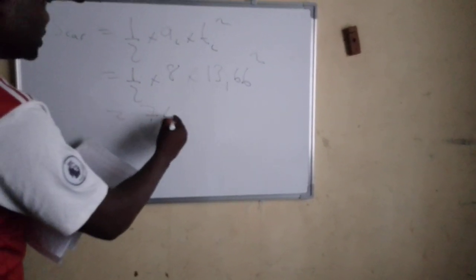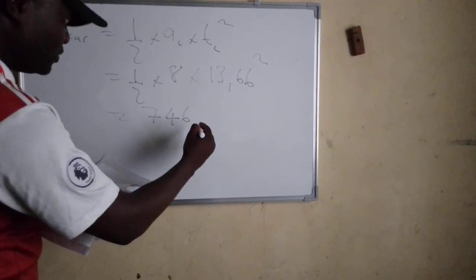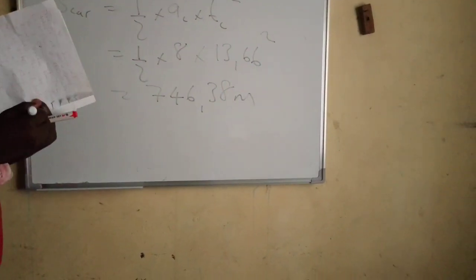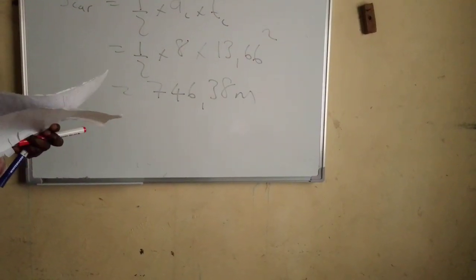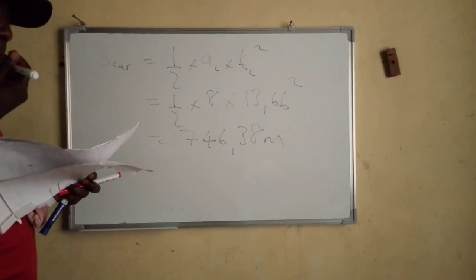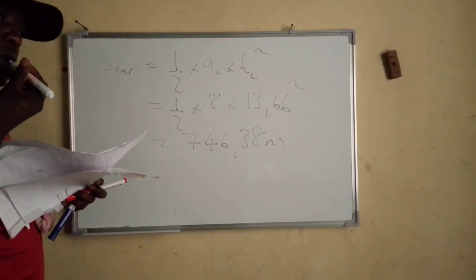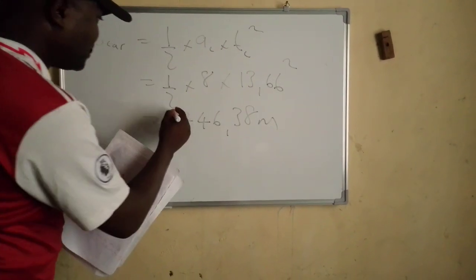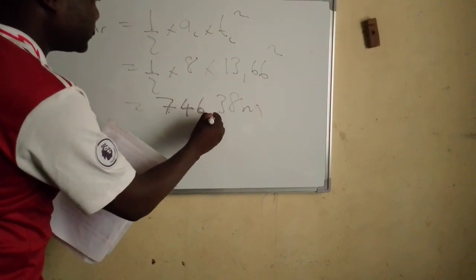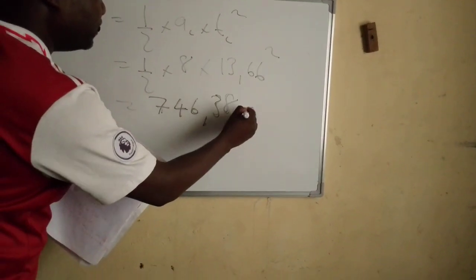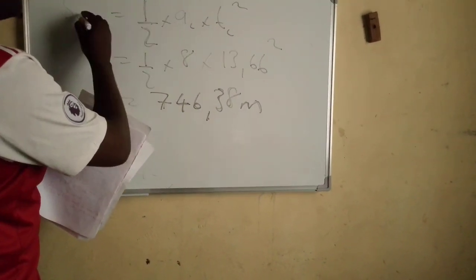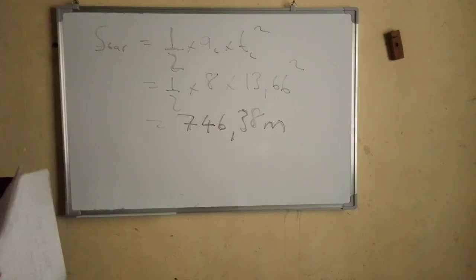So total displacement should be 746.38 meters. So the displacement traveled by the car before overtaking the bus is 746.38 meters, or you can say 746.4. That is how this is solved. So thank you.